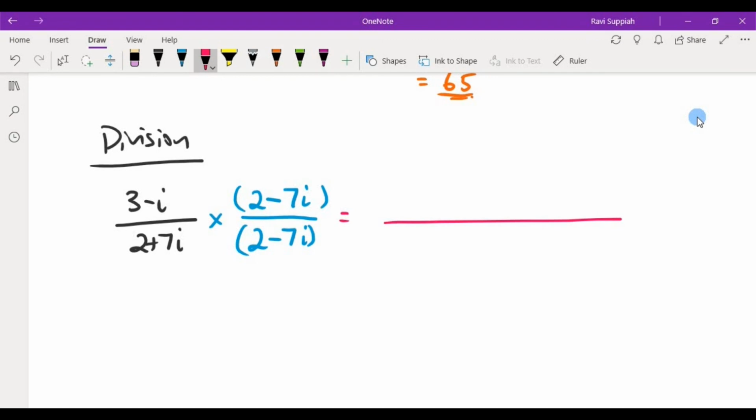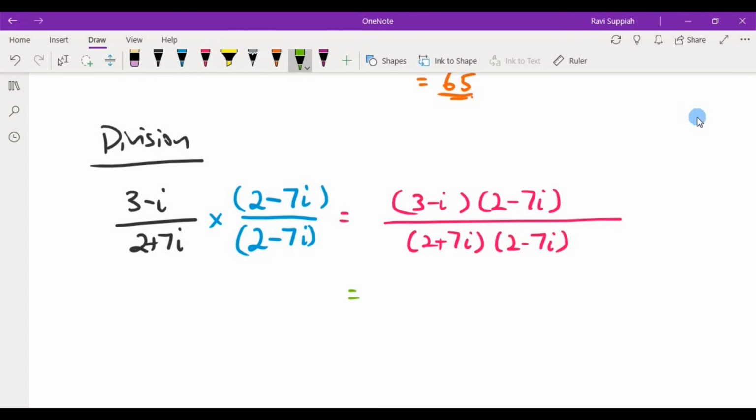I'm going to write it as a single fraction: (3 minus i)(2 minus 7i) over (2 plus 7i)(2 minus 7i). For the top part, 3 times 2 is 6, minus 21i, minus 2i, and minus times minus is plus 7i squared.